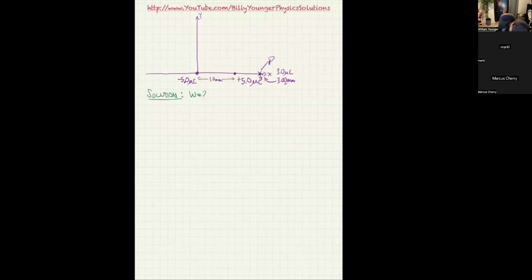So this is just like the problem we did in class today. The voltage at P is equal to the voltage at P due to charge 1, which I'll just say is the positive charge, plus the voltage at P due to the negative charge.